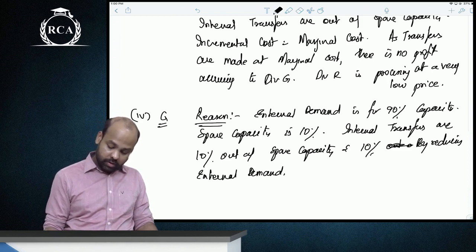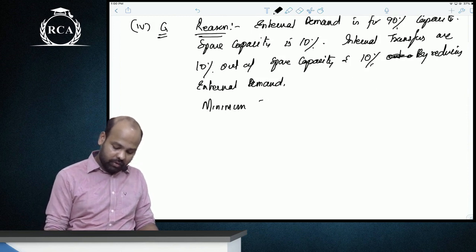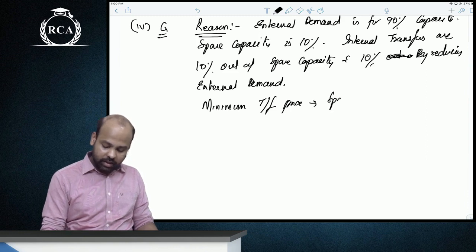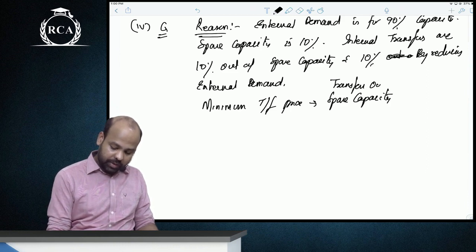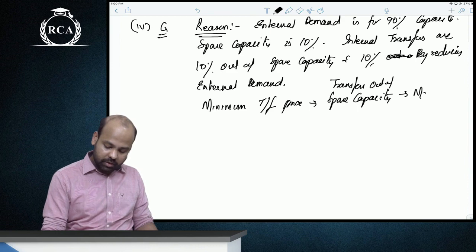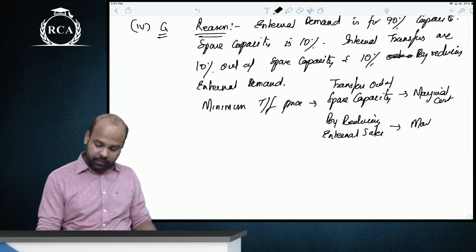The minimum transfer price, guys, for transfers out of spare capacity is marginal cost. By reducing external sales, it should be market price.